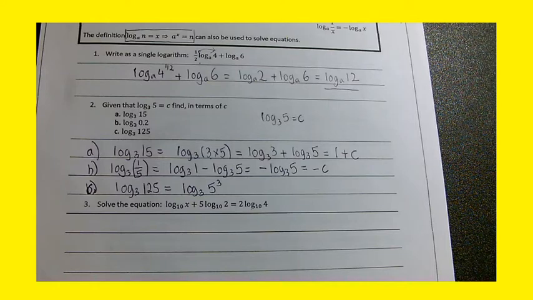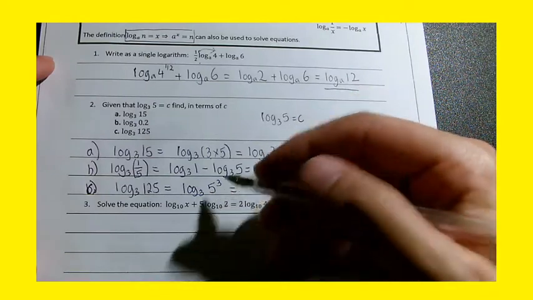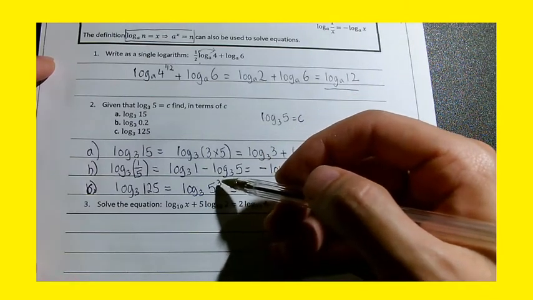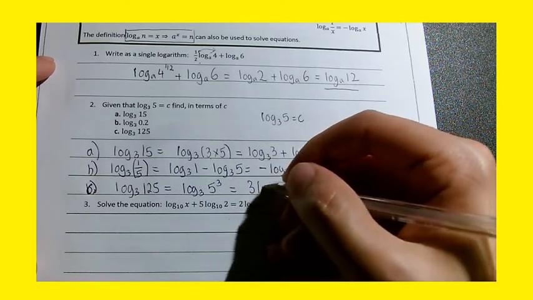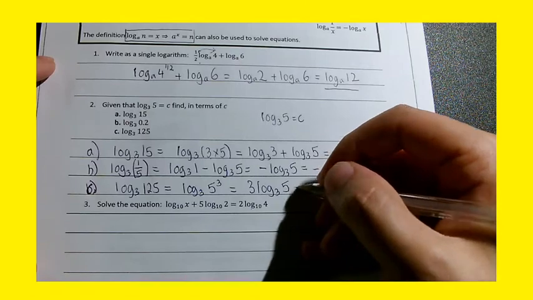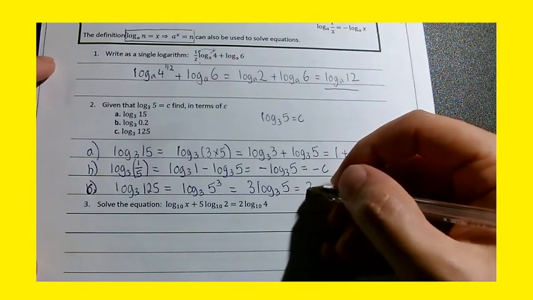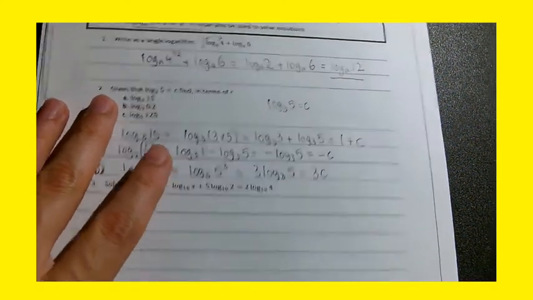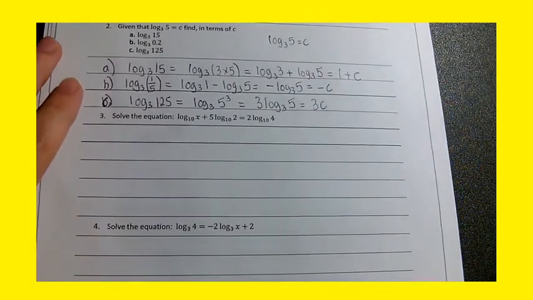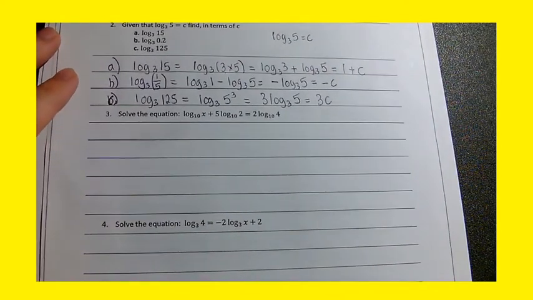Now, once I've got 5 cubed there, you've got to think to yourself, how am I going to deal with that? Well, power law states that if you've got a power in the value of the log, you can bring down that power in front of the log. And log base 3, 5 is c, so you're going to get 3c. Okay? So, that's question 2. Just using laws of logs to rewrite things in terms of letters.